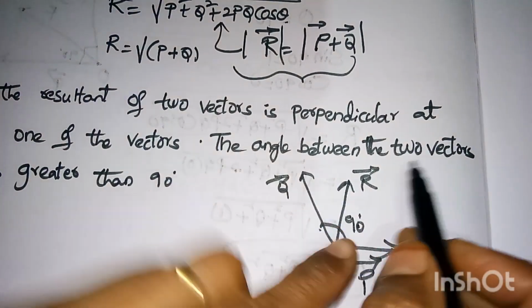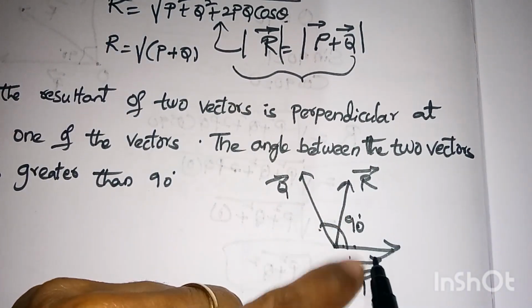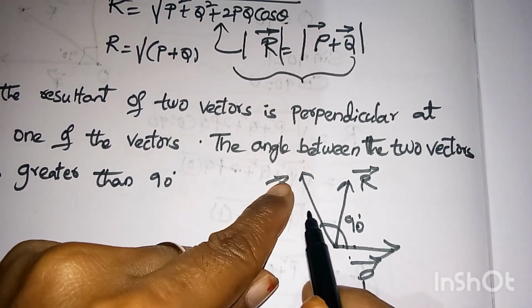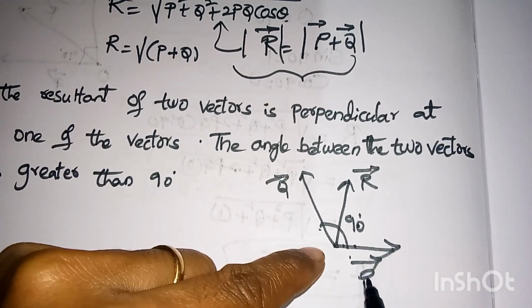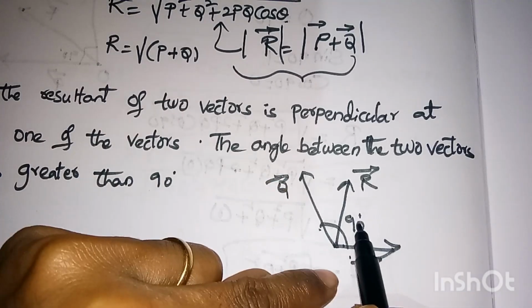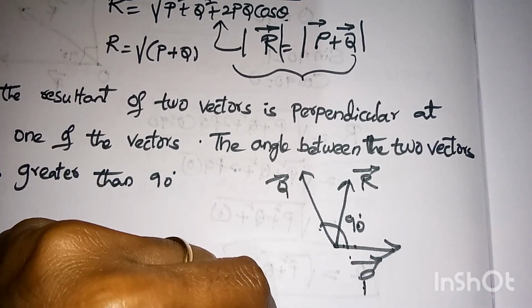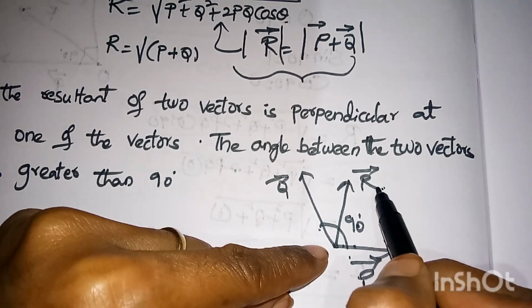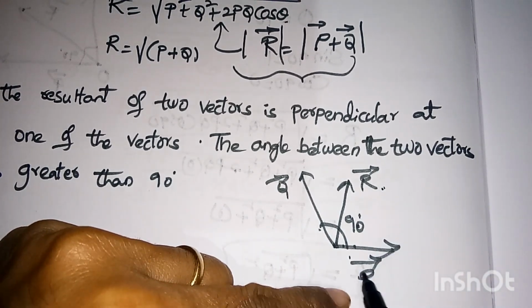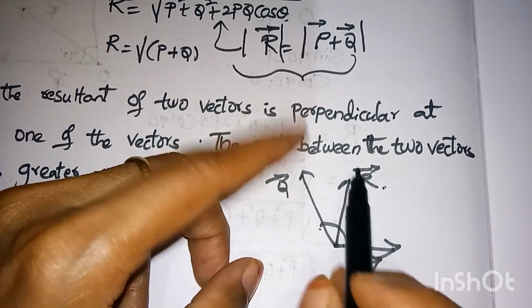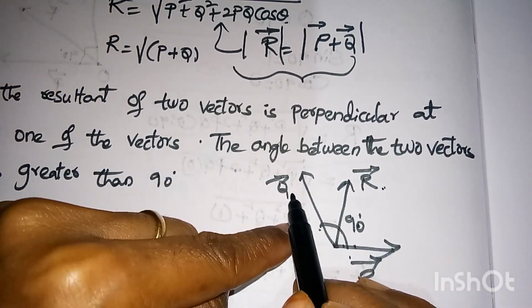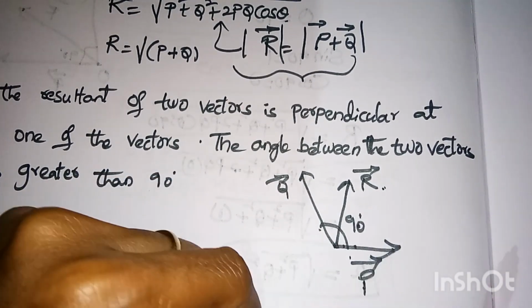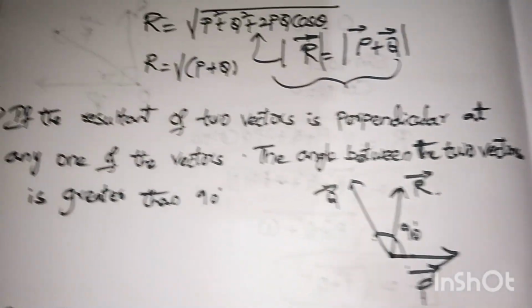So if the resultant is perpendicular to any one of the vectors, then the angle between the two vectors, that is P bar and Q bar, will be greater than 90 degrees. The resultant may be perpendicular to P bar or Q bar, then the angle between P bar and Q bar will be greater than 90 degrees.